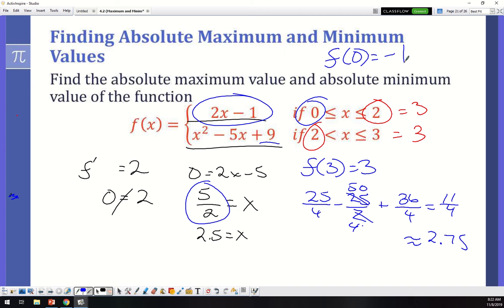So now, given that much information, what do we know? Minimum is what? So this is minimum. And maximum is going to be 3. So if you notice, don't I have like 2 3s?